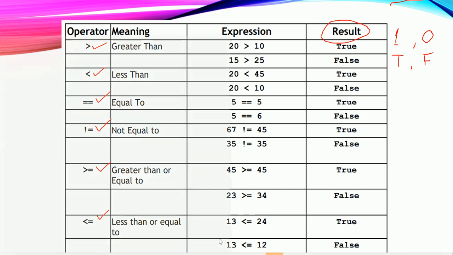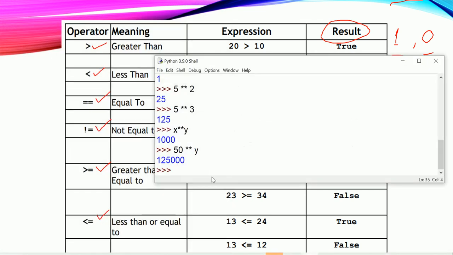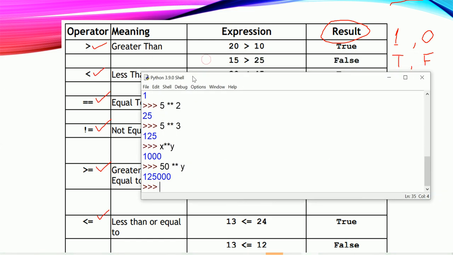So practically I'll show you over here. x greater than y, definitely it is true. Then x less than y, definitely it is false because x equal to 10 and y equal to 3.